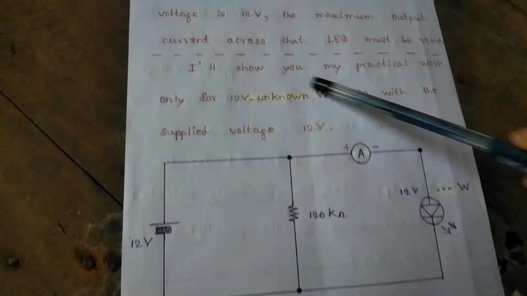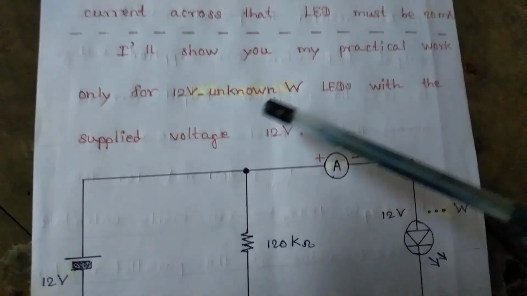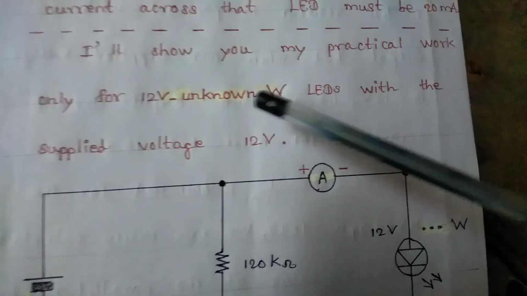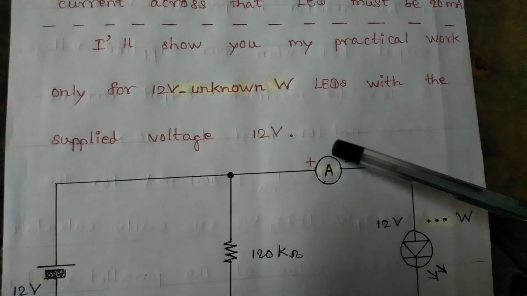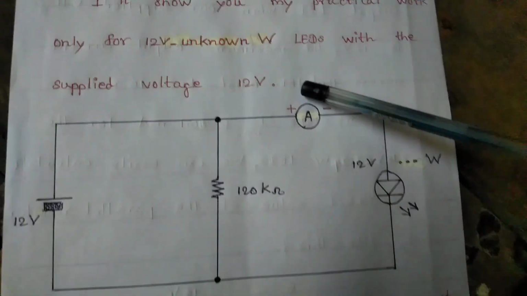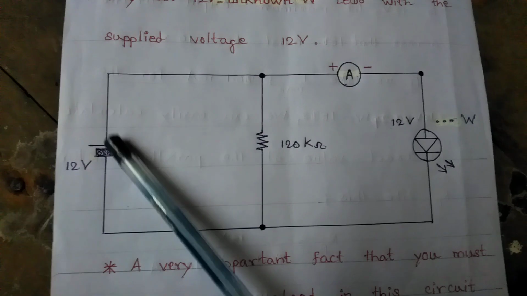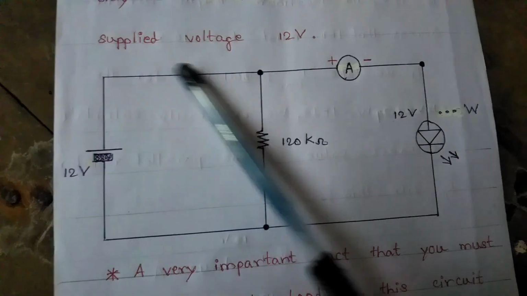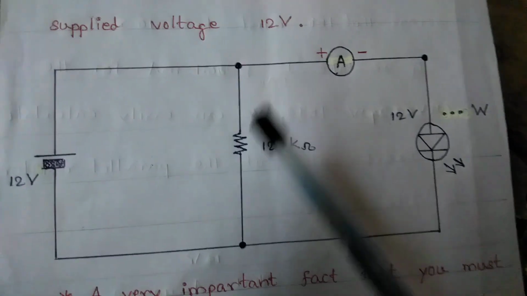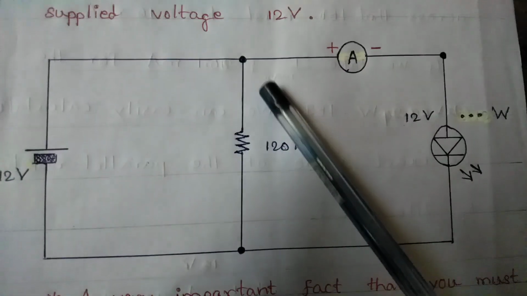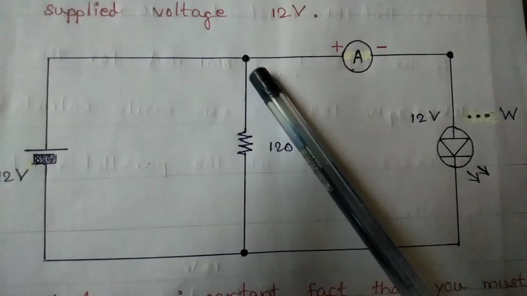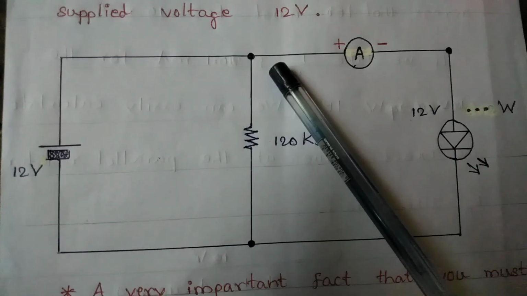I will show you my practical circuit only for a 12 volt LED of unknown wattage with the supply voltage of 12 volt. Okay, you see my practical circuit. You see this point: the positive terminal of the 12 volt battery, one side of the 120 kilo-ohm resistor and the positive terminal of the ammeter are all connected together.